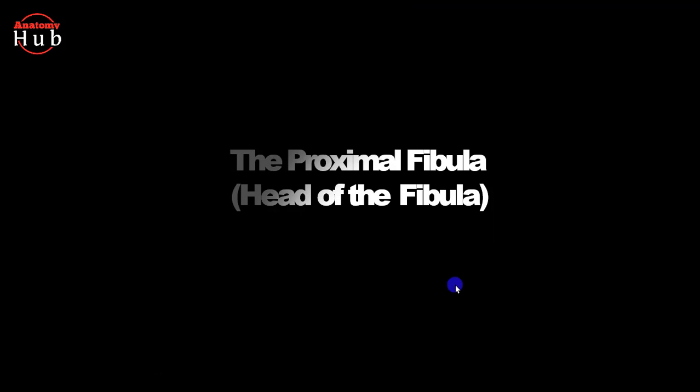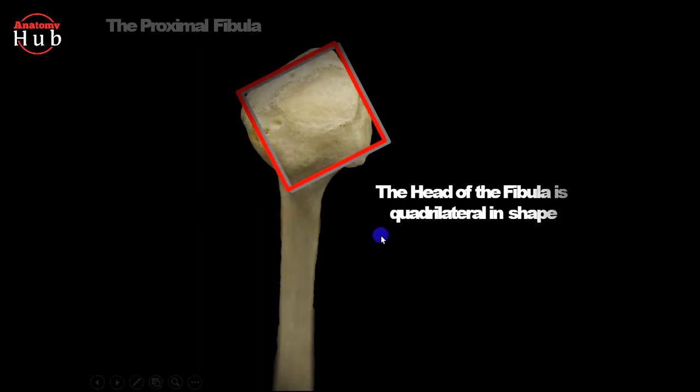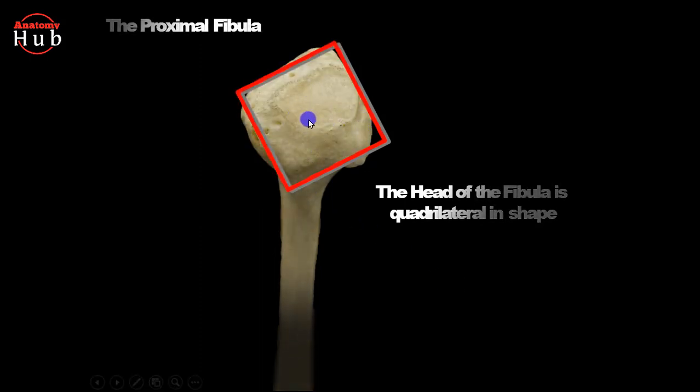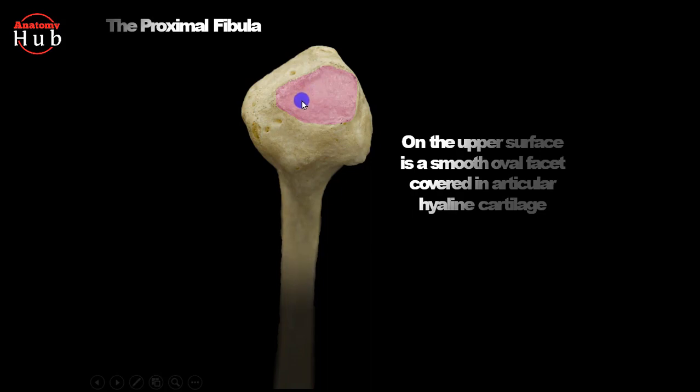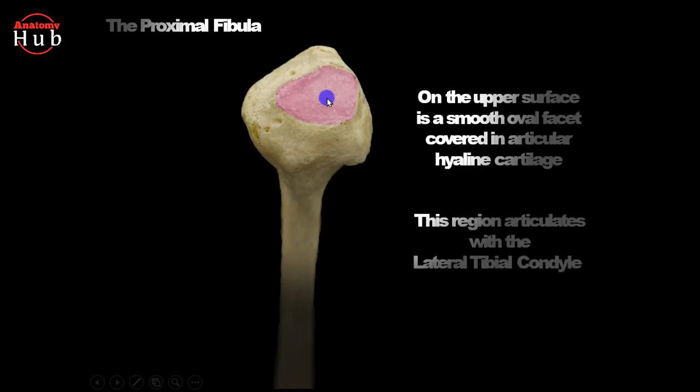At the proximal fibula you will find the head of the fibula. Here you can see the head of the fibula. This head is quadrilateral in shape, and on the upper surface you will find a smooth oval facet. This oval facet is covered by articular cartilage, which is hyaline cartilage.